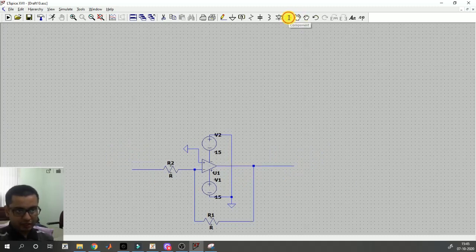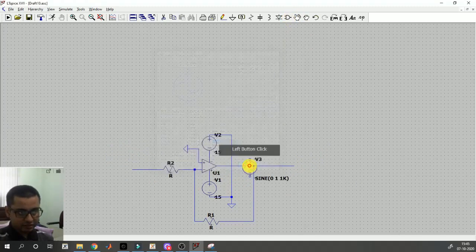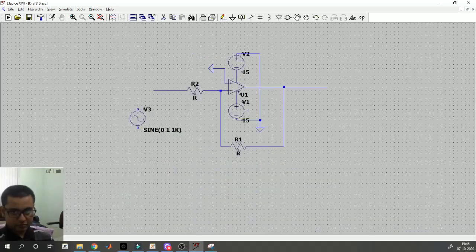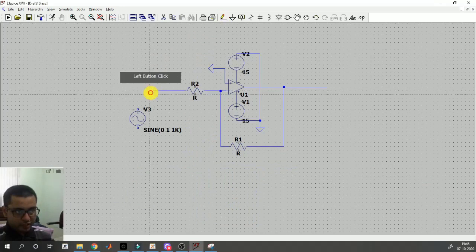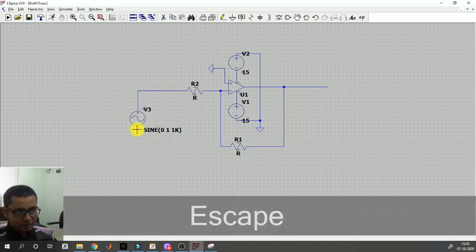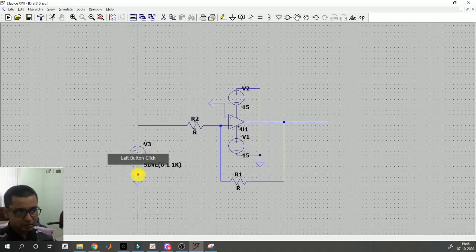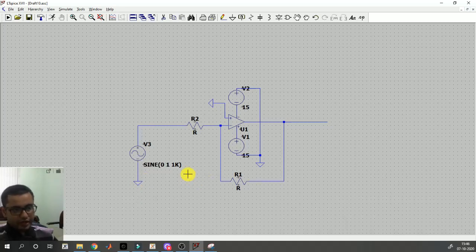Let me now take a signal generator and connect it to the input with a wire like this, and the other end I will connect to the ground. Like this. Okay, now the circuit is ready for testing.